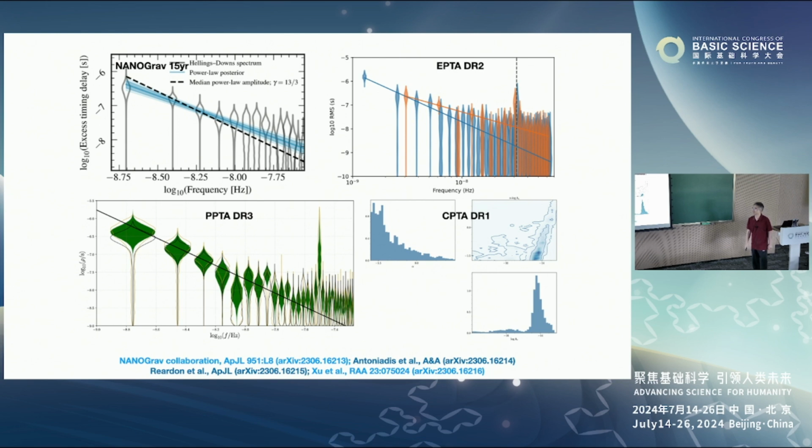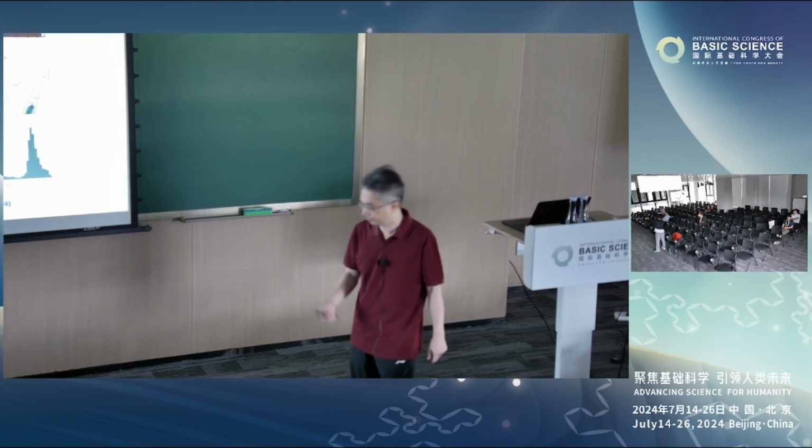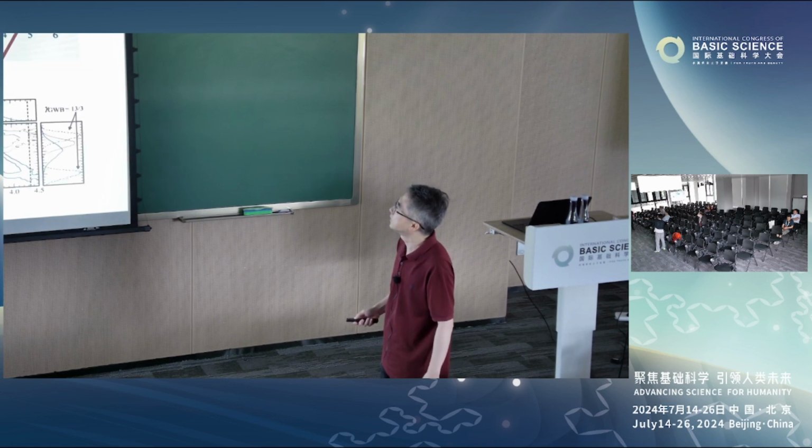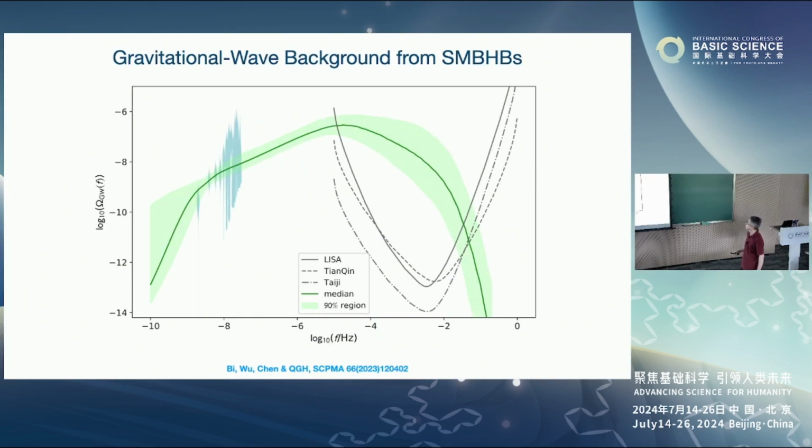Maybe another quick question. You said you extrapolate your estimate of that background to higher frequency. I just wonder, because the frequencies go up to quite high values on this slide, what is the assumption in your model? Is that still a supermassive binary black hole system?